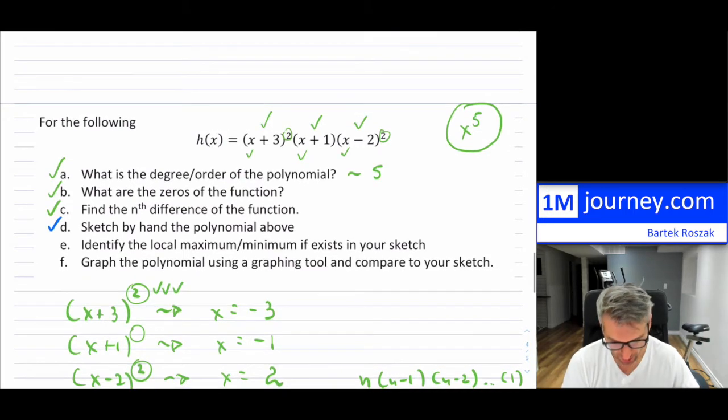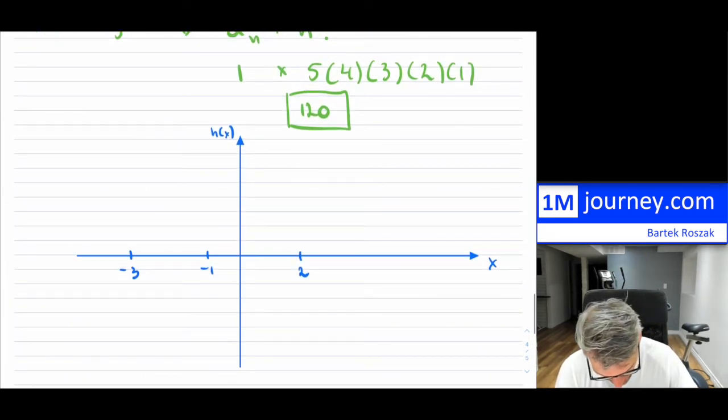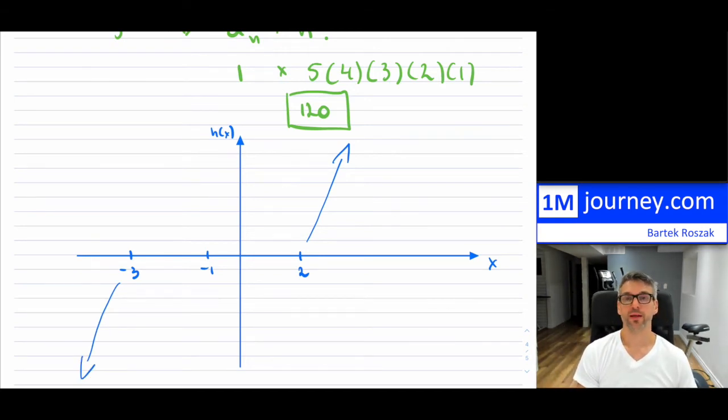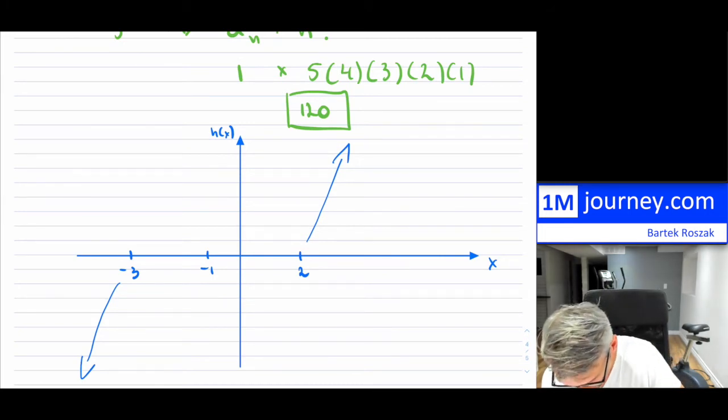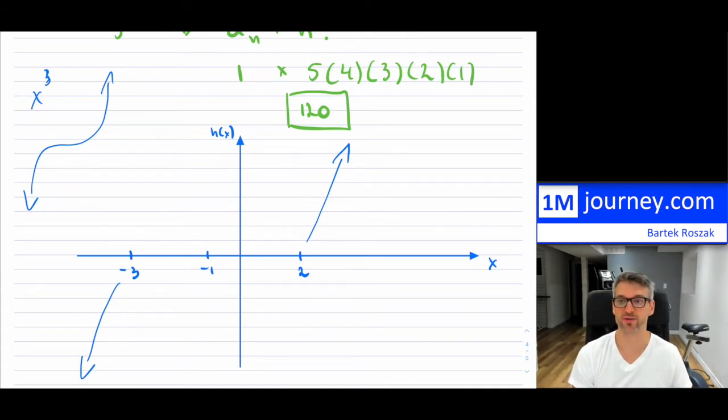and my a of n is positive. So what I know is that this is going to be blowing up in this direction, and then this is going to be blowing up in this direction. Why? Please remember that when the order is odd, they kind of replicate our cubic. So you have to be familiar with how the cubic is sketched out, which is like this.